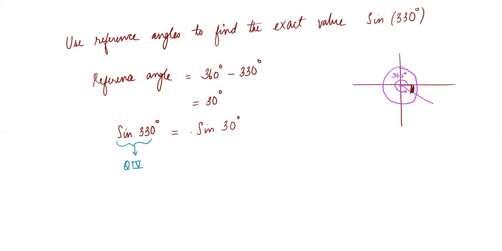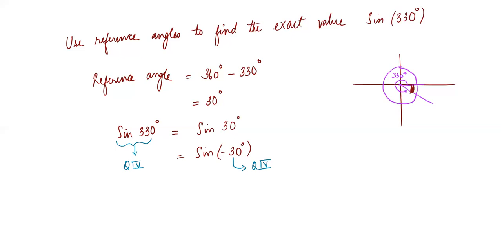It is as if you had a negative 30 degrees. Remember, reference angles are always positive, but I'm adjusting it for the fourth quadrant because it's no longer just an angle, it's an angle with the function associated with it. To find sine 330 degrees, I have to make sure that I'm getting the sign right. So sine of negative 30 degrees would be a position in the fourth quadrant.